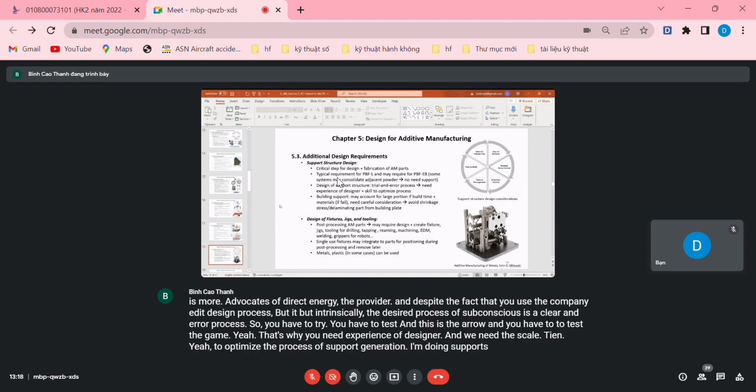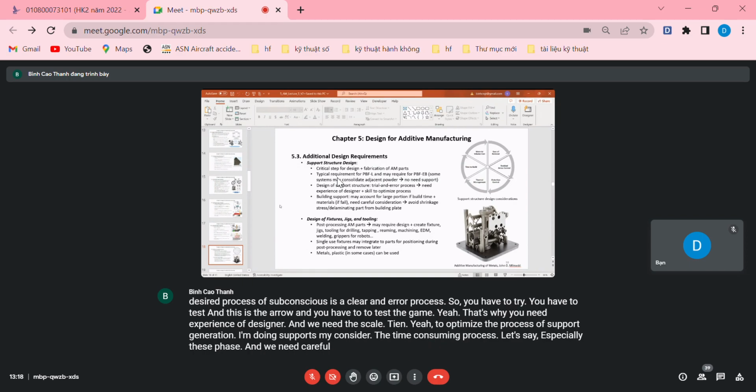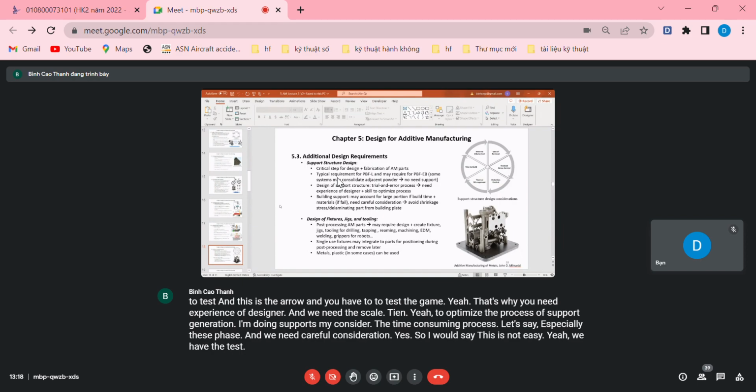And building support may be considered a time-consuming process, especially if it is complex, and we need careful consideration. So I would say this is not easy. We have to test.